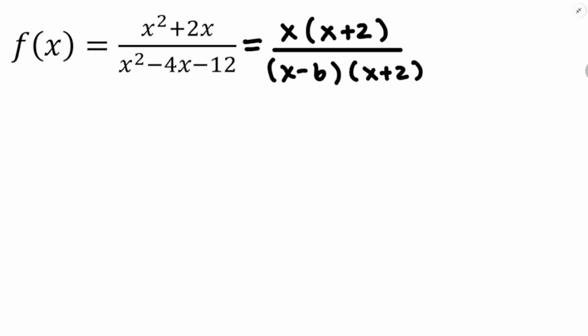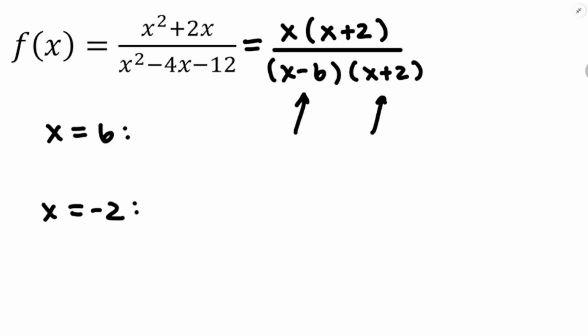Now I'm seeing that the two places where f has a discontinuity are the places where you're trying to divide by 0. So that's going to be x equals 6 and x equals -2, because these are the values of x that would cause me to divide by 0.